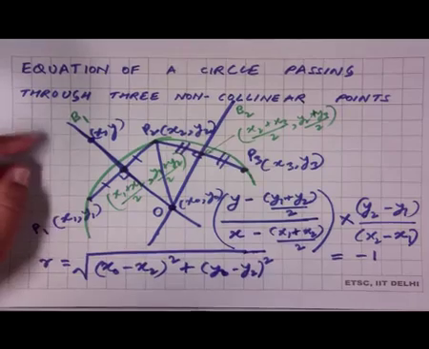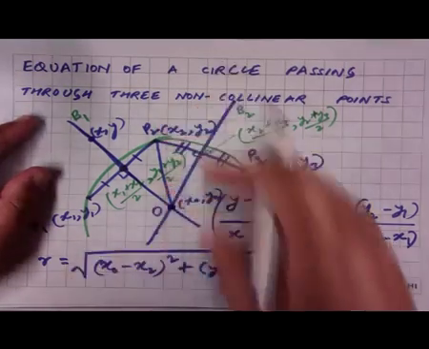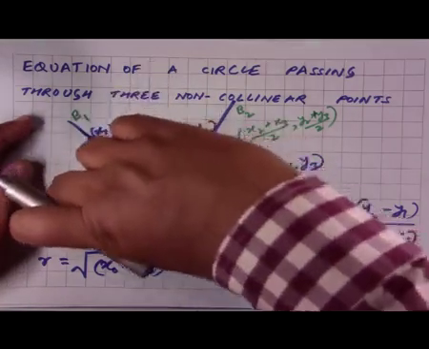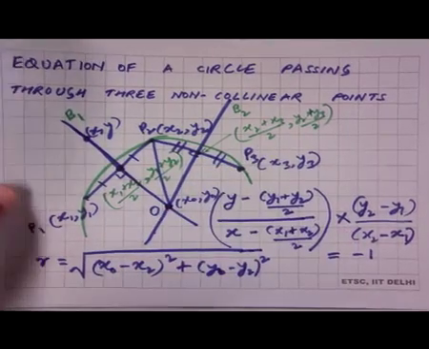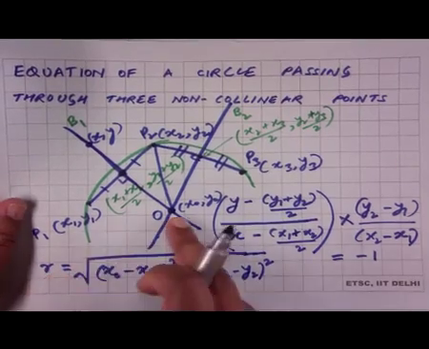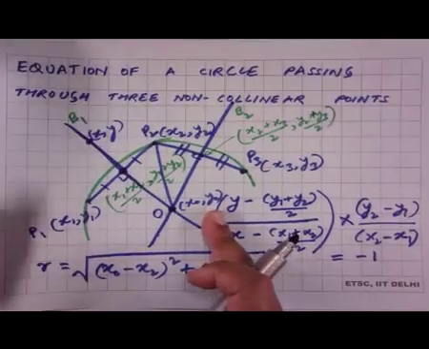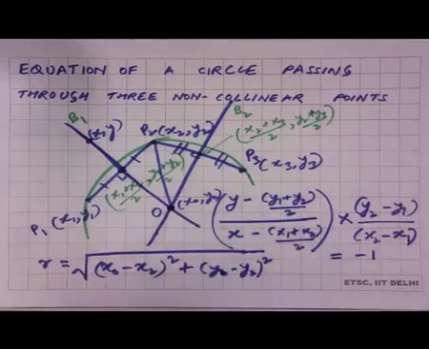And as I said earlier, the radius will be the same whether we take this distance or this distance or this distance. And then of course, once we have got the radius and the center, we can easily write the equation of this circle in the center radius form.